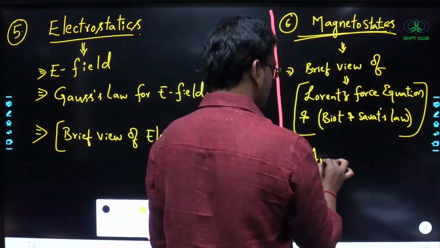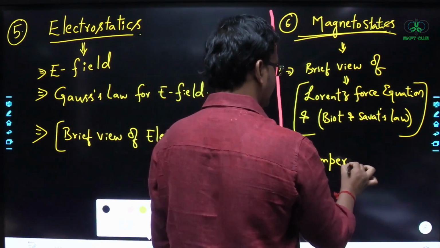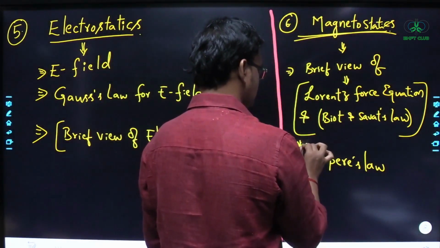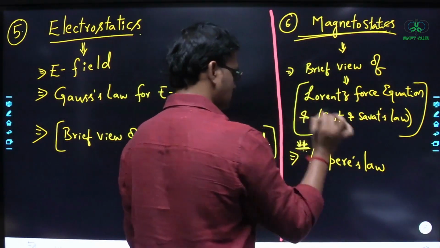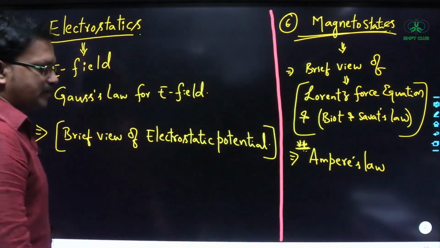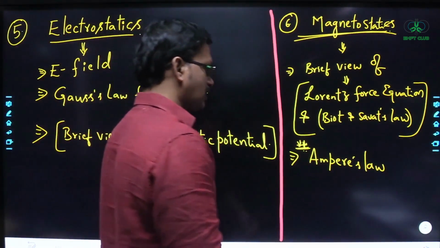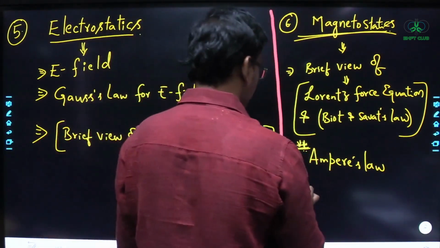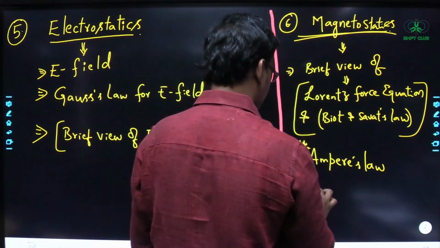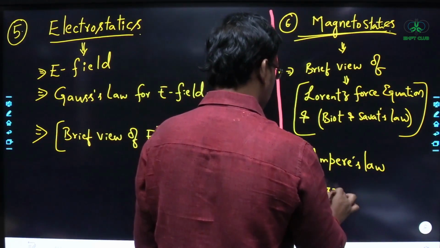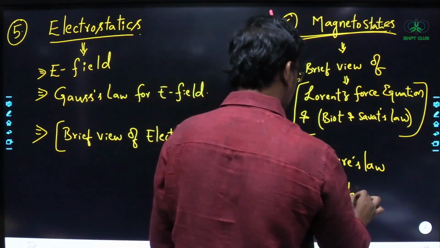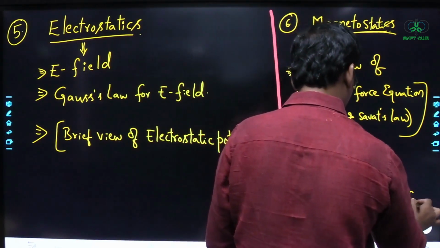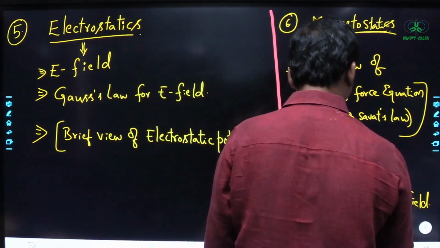After this we are going to cover Ampere's law, which is important. Once we complete Ampere's law, we will cover Gauss law for B field, which is a very, very simple topic.